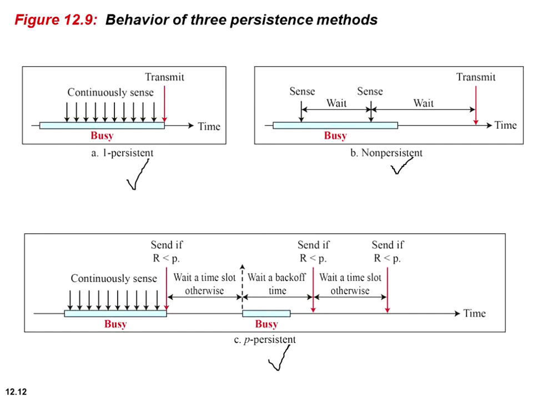In this method, after the station finds the line idle, it follows these steps. Number 1: with probability P, the station sends its frame. Number 2: with probability Q equal to 1 minus P, the station waits for the beginning of the next time slot and checks the line again.